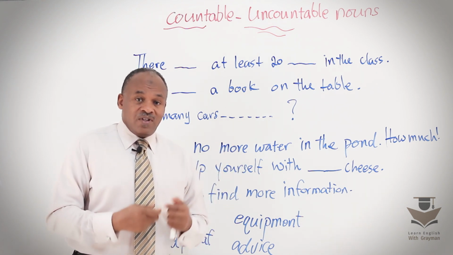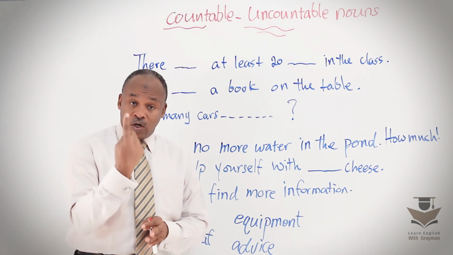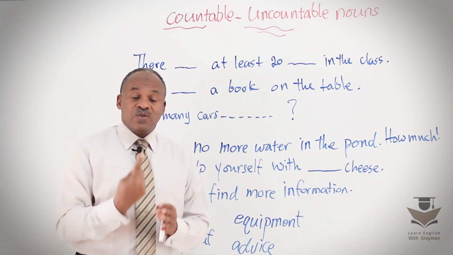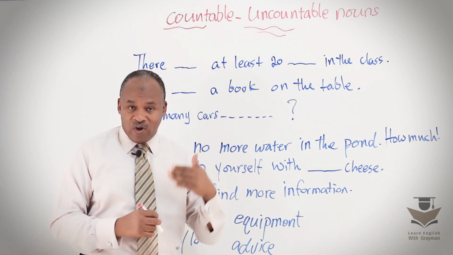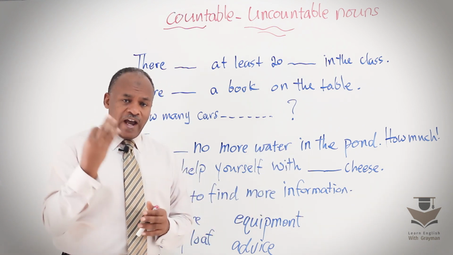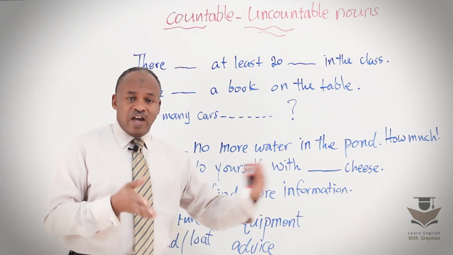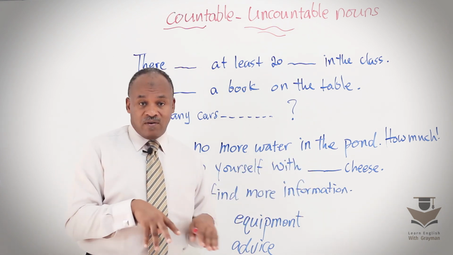In other words, the countable always come in the form of singular. Singular means one. We say a cat, a house, a table. This is one, only one. Then we say 2 cats, 7 tables, 7 chairs. So we add s to make them plural.